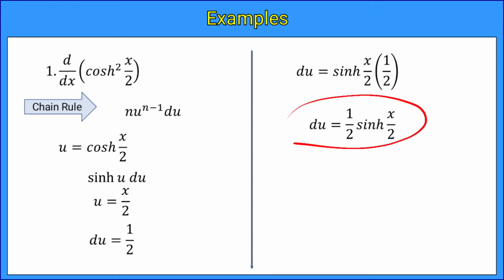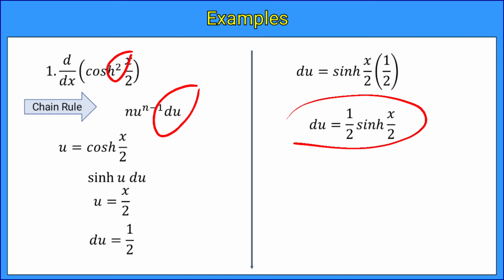Since we have the value of du already, we're going to use this value of du in our format for the chain rule. Since our exponent here is 2, it will become our constant 2, and we're going to put it at the beginning of our equation.